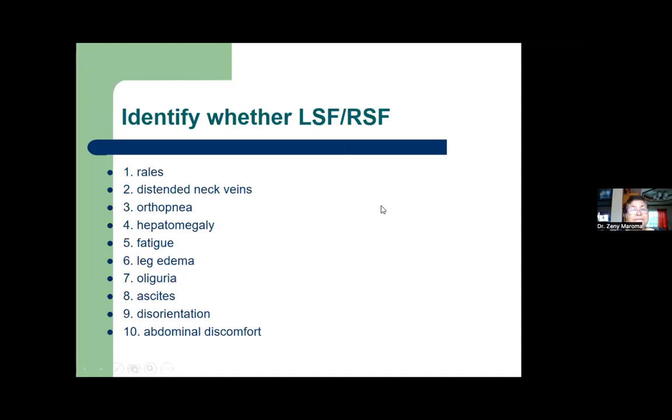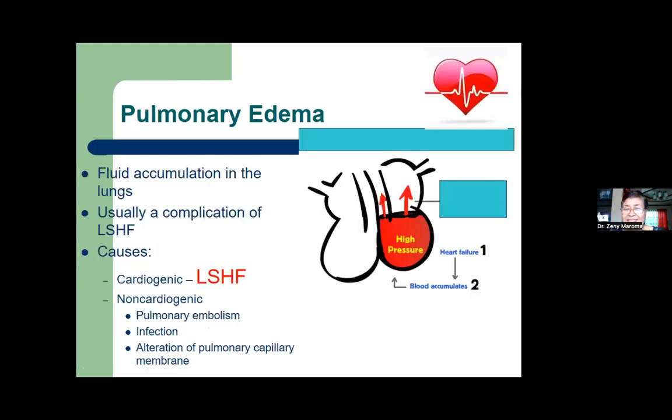Next. Pulmonary edema. Pag sinabi natin pulmonary edema, there's fluid accumulation in the lungs. Usually a complication of left side failure. Di ba? Worst complication of left side failure is pulmonary edema. Cardiogenic cause.